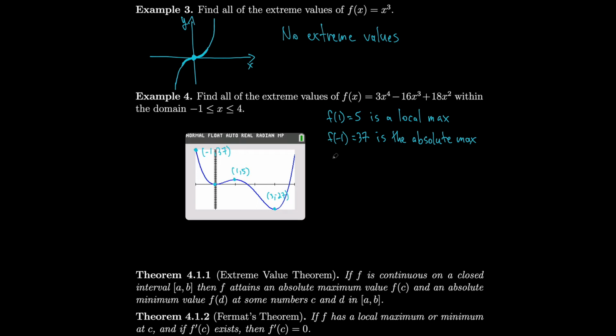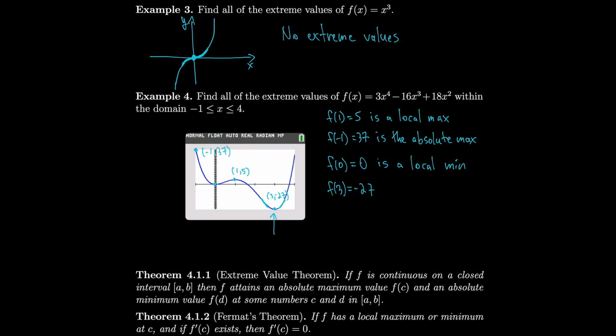So now let's look at the other one we mentioned, f of 0, which is 0. That's a local minimum. And f of 3 equals minus 27. Notice that it's an absolute minimum because there's nothing smaller in our domain, but all of the nearby points are bigger.